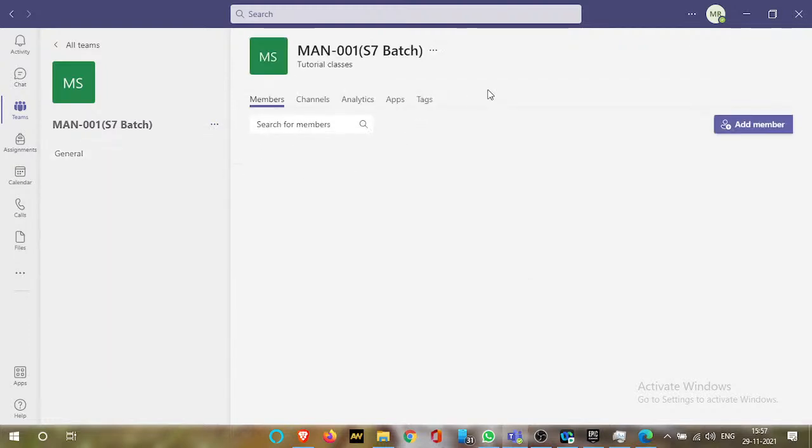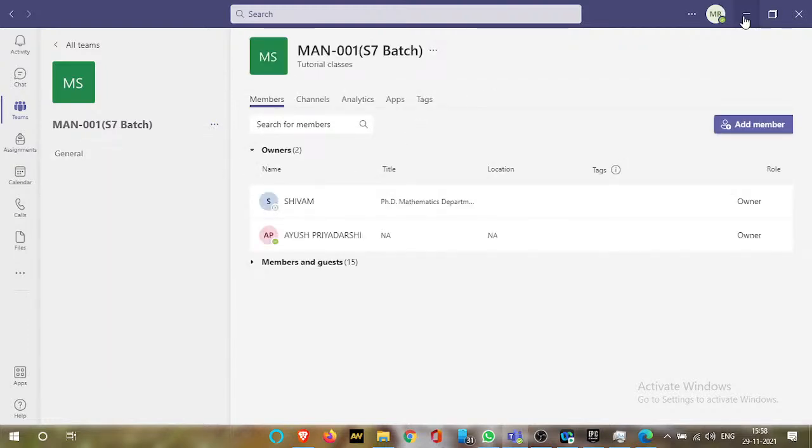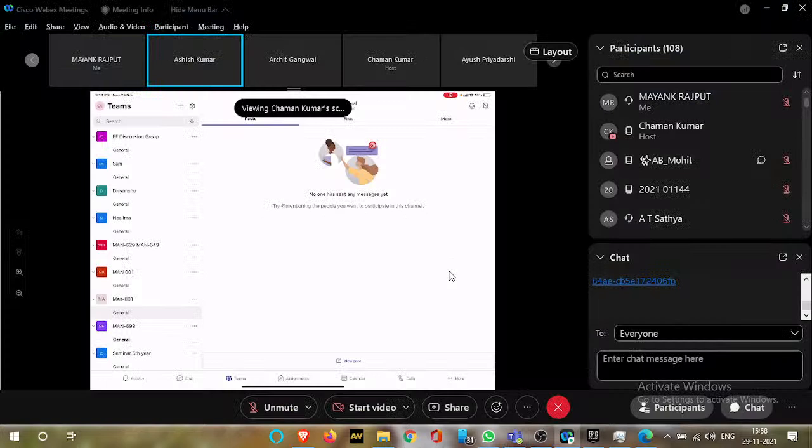No, I opened my laptop and whatever request I'm receiving, I'm accepting. I don't know whether they are added or not. In the laptop from where you are taking the pending request, aside that there is an option channels and after that settings.